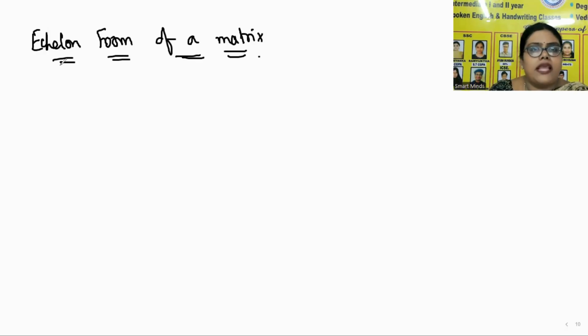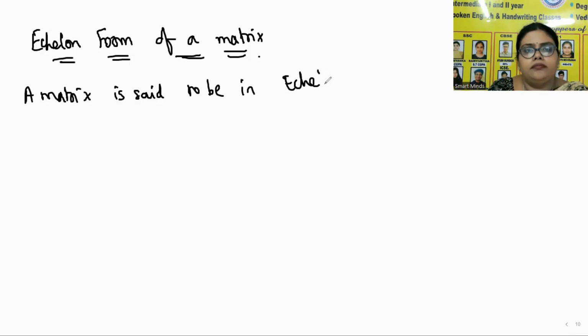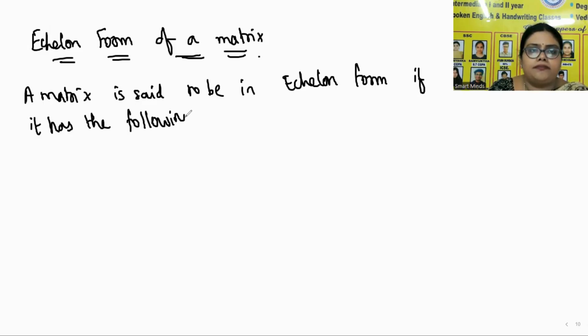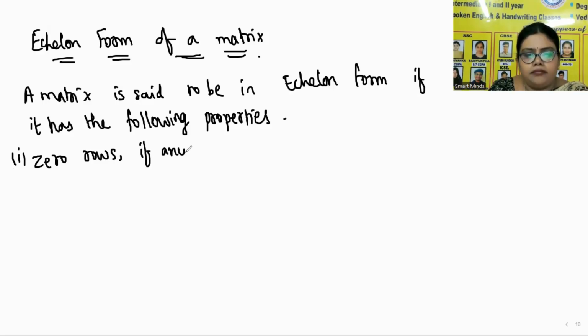Now let us see what the echelon form of a matrix is. So write down: a matrix is said to be in echelon form if it has the following properties. Number 1, zero rows, if any, are below any non-zero row.